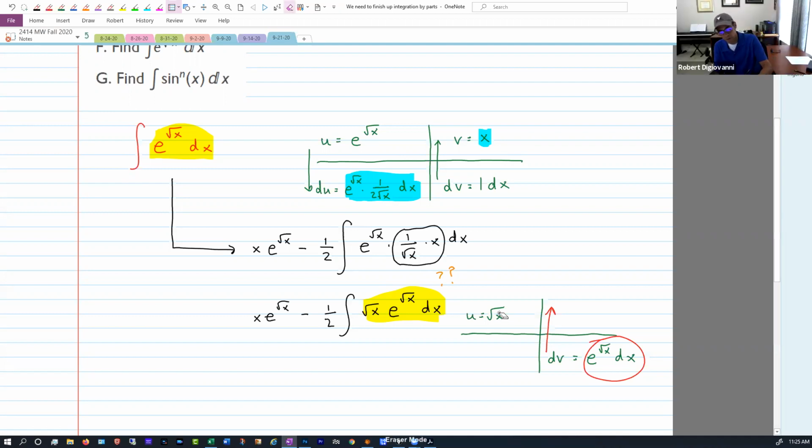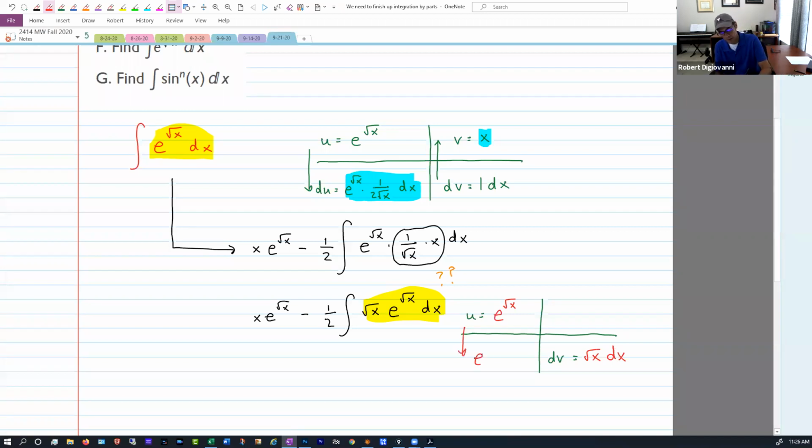Now we could have reversed it, but you have to be real careful, because if we reverse it and we do the e to the root x here, and we put the root x here, like that, what we're going to do is wind up undoing what we just did. It's just going to get worse, is what I should say. Think about what would happen.